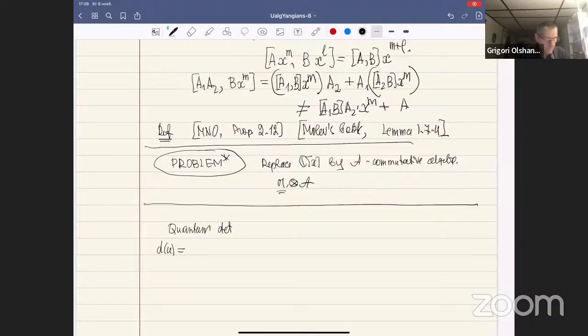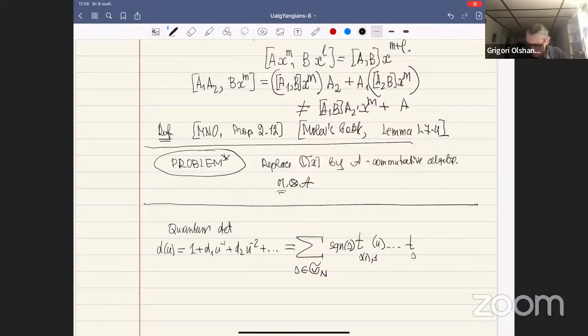I recall it's a generating series, and the definition is the sum over permutations, the sign of a permutation, times such a monomial with some shifts.